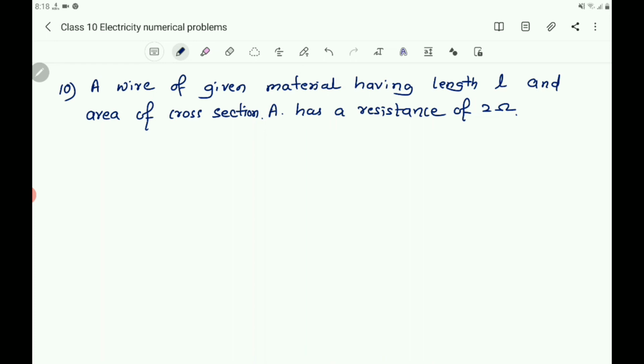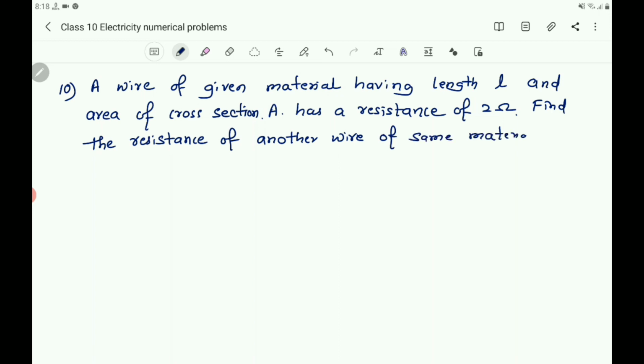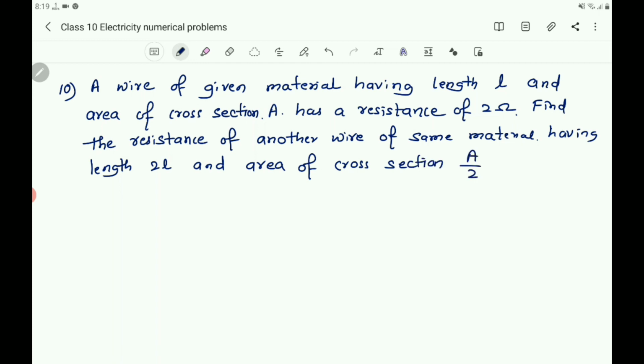Find the resistance of another wire of same material having length 2L and area of cross section A by 2.